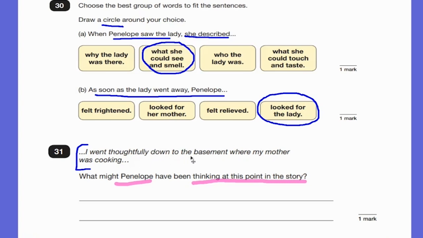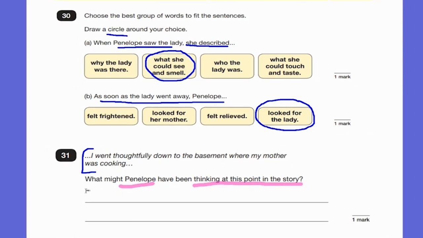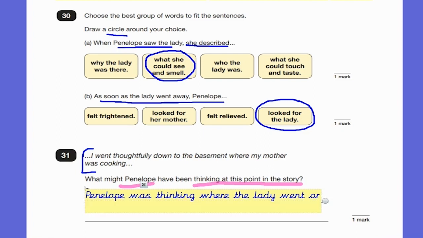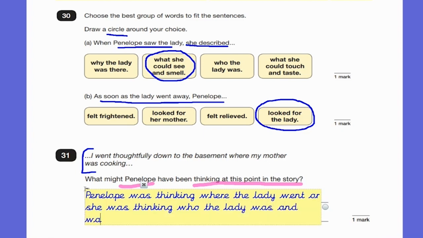I went thoughtfully downstairs to the basement where my mother was cooking. What might Penelope be thinking at this point in the story? So I would assume, based on the evidence in the text, Penelope was thinking where the lady went, or she was thinking who the lady was and wanted to see if her mother knew about the lady.